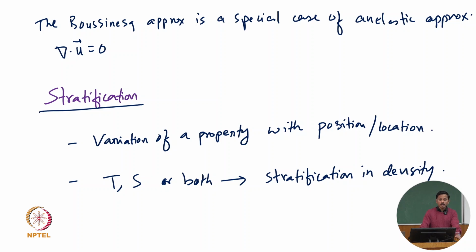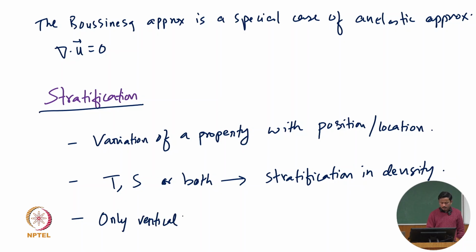So temperature can vary, salinity can vary, or both can vary, and this will directly lead to changes in density. We saw that the equation of state gives us a linear relationship between density and temperature and salinity. So if temperature and salinity are varying, density can vary. So we are considering only vertical variations.